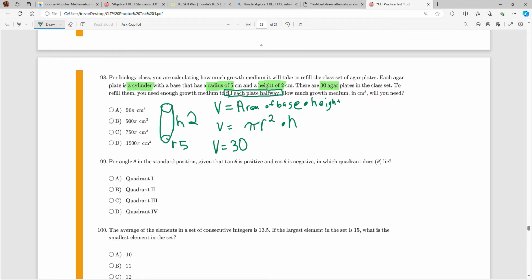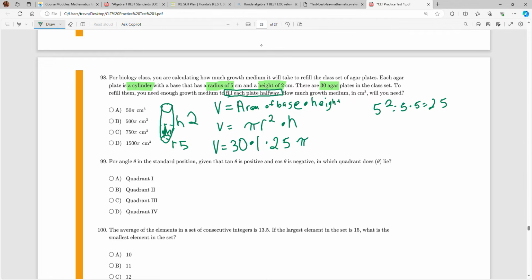So half of 2, my height it needs to be filled up to is just going to be 1 centimeter times my radius squared, 5 squared. 5 squared equals 5 times 5 equals 25. And all of that times pi.